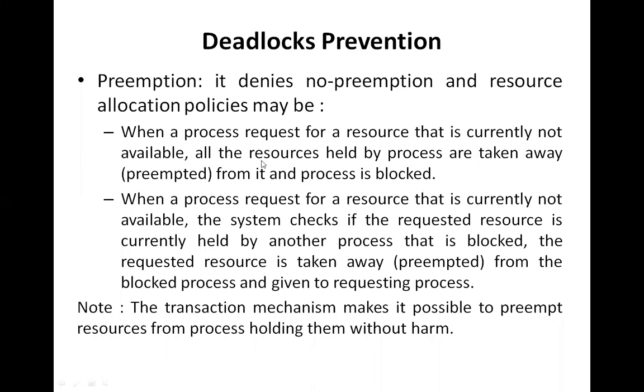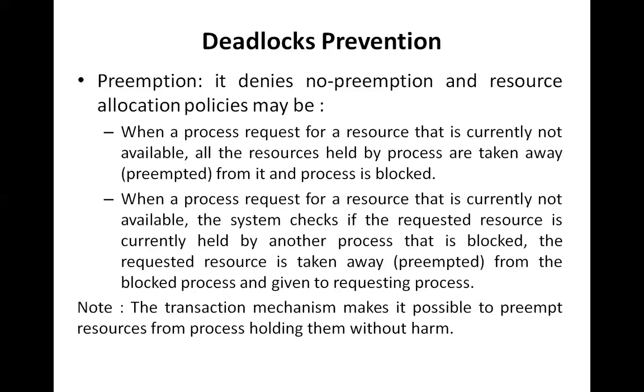So whatever request it has made, if it is available, it will be granted. If it is not available, it will be blocked, and it will be unblocked when all the resources it has requested are available, and they can then be allocated to that process.